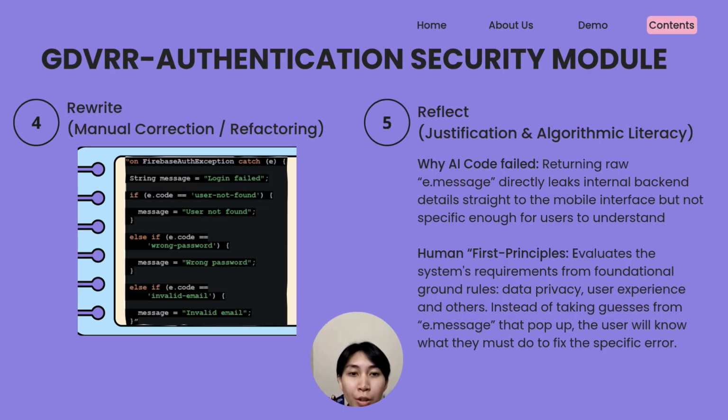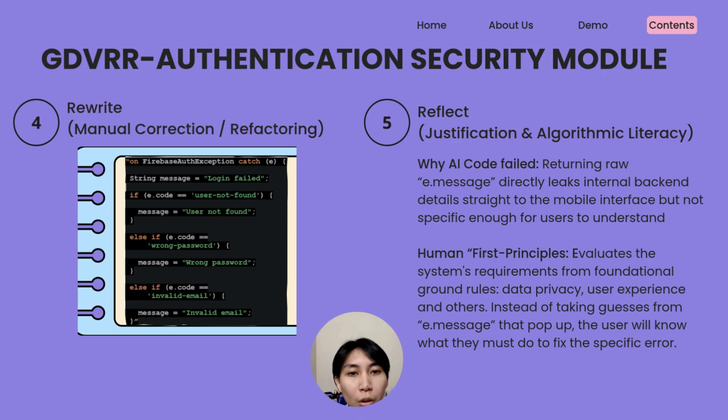Okay, so continue. For number four, which is rewrite, I do the correction of what should be put in the code. We know that in the old AI code, it used e.message for the pop-up notification to show the error, and it is not specific enough.